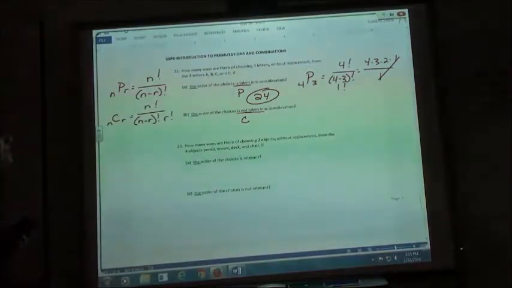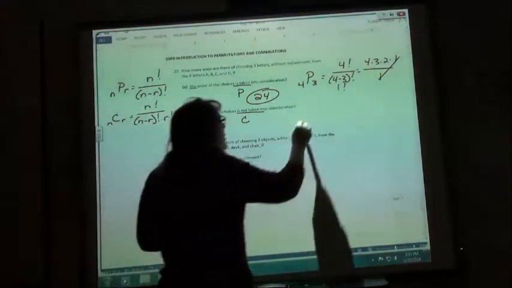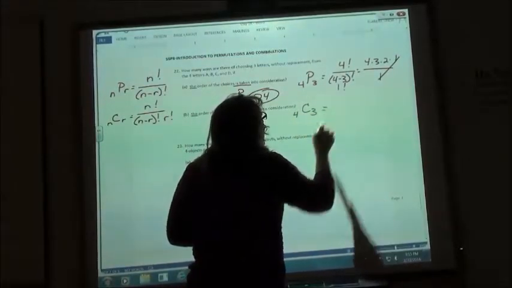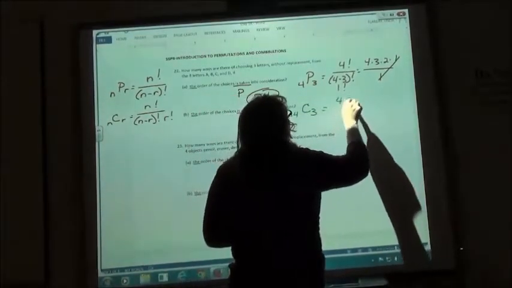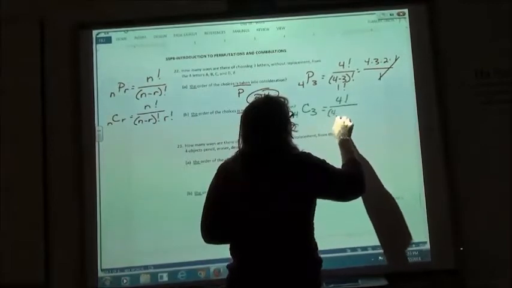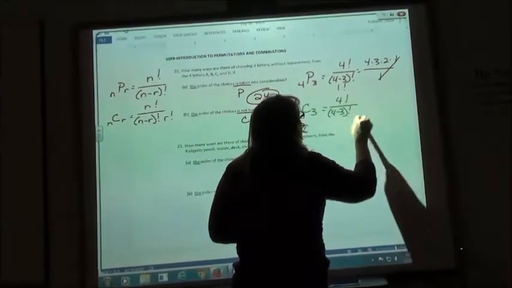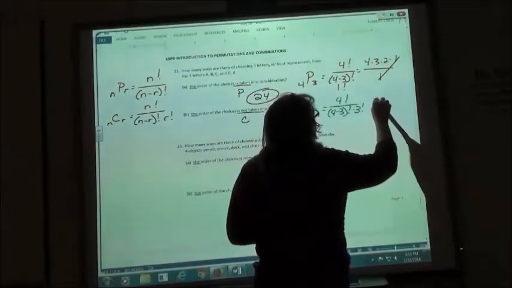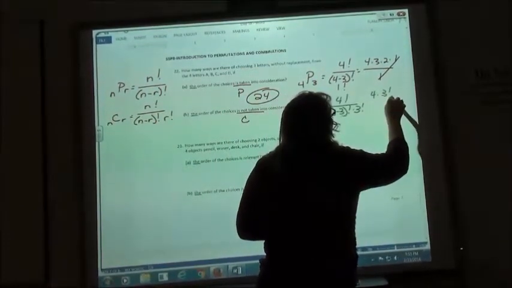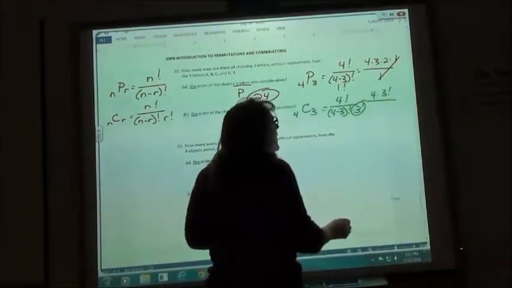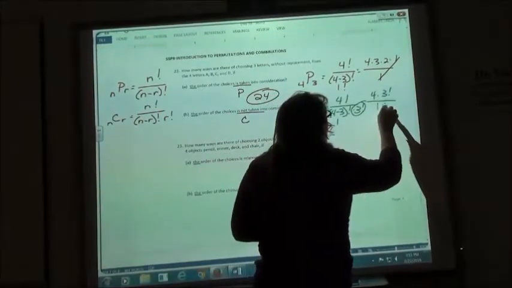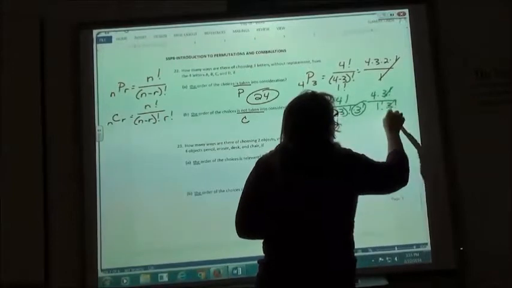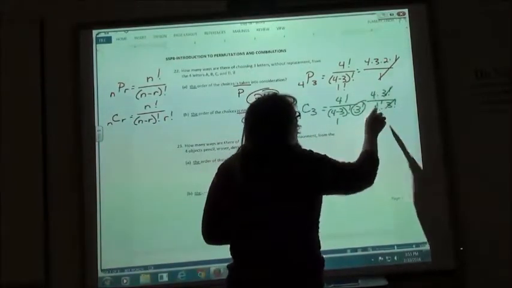Now, if the order is not taken into consideration, I'm doing a combination of 4 things, taking 3 at a time. So I'm going to have 4 factorial over 4 minus 3 factorial times 3 factorial. So I would have 4 times 3 factorial, since I have the bigger one that I want to use, over 1 factorial. The 3 factorial is going to cancel out, so I'm going to have 4 over 1.